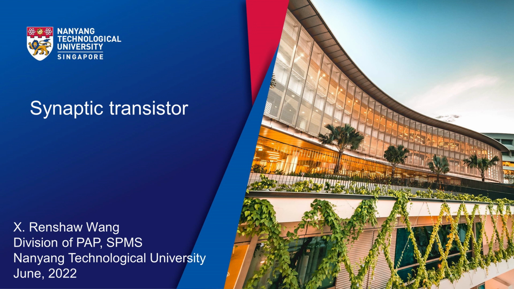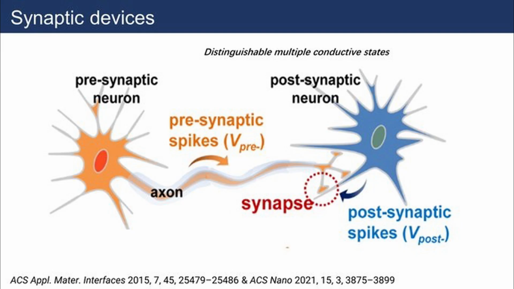I would like to use the following several minutes to discuss the synaptic transistor. As Prof Prem has already discussed, for neuromorphic computing, the neurons and synapses are both very important. And until now, there has been a lot of work on both the neurons and the synapses.